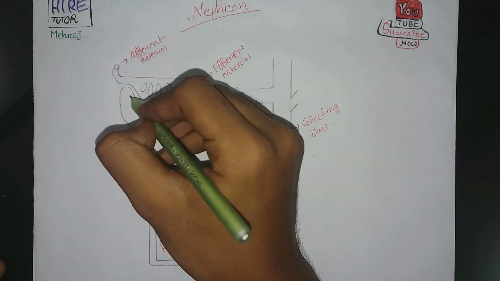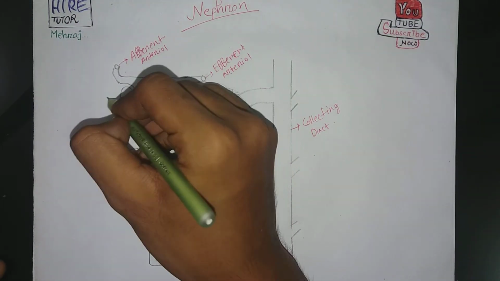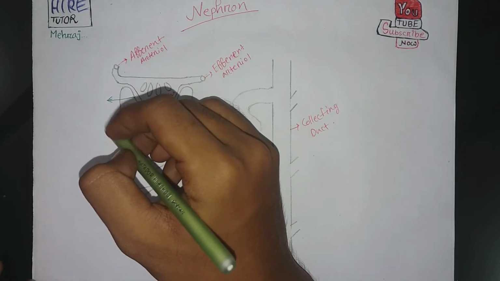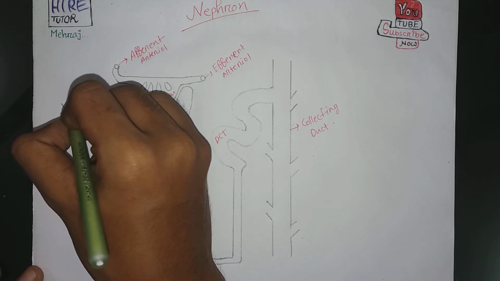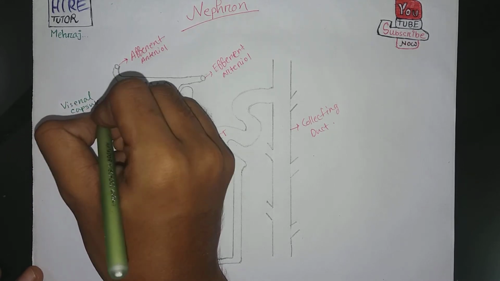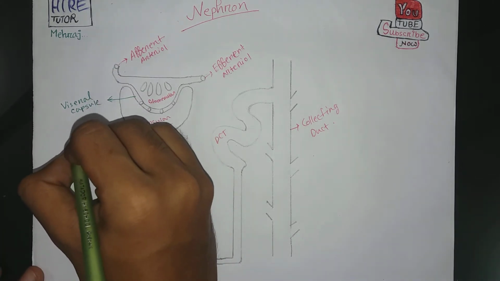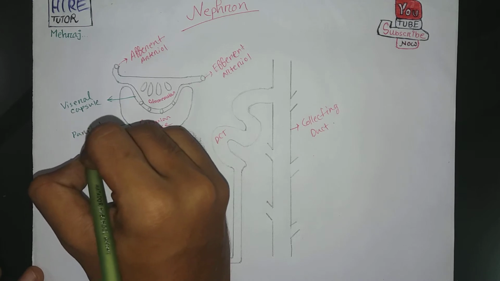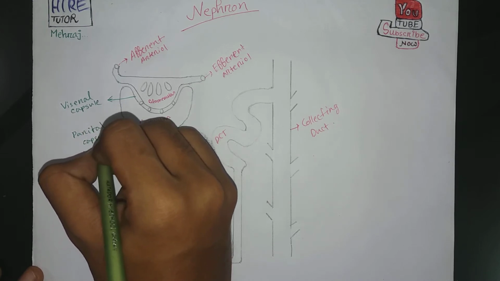Here in this capsule, the one which is inside has a name, and the one which is outside also has a name. The inside one is called the visceral capsule, and the outside one is called the parietal capsule.